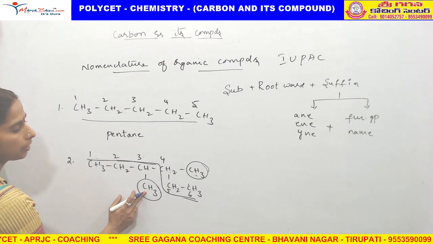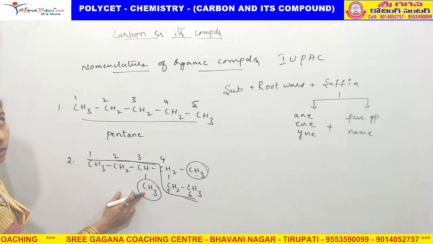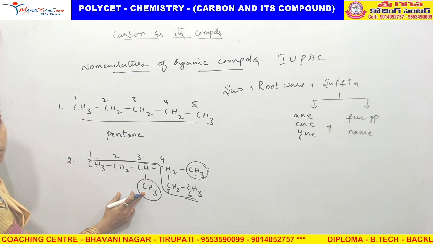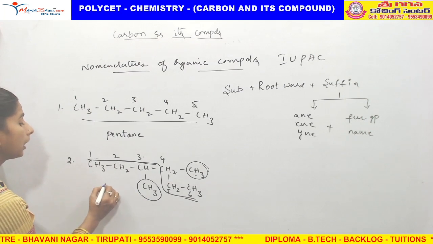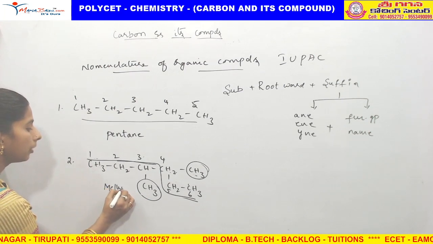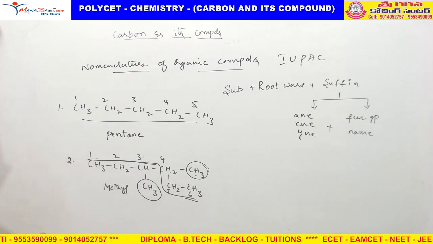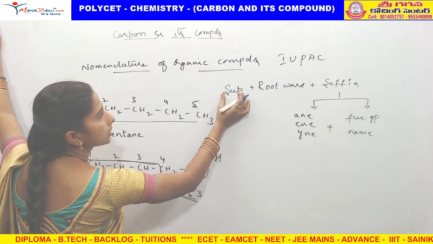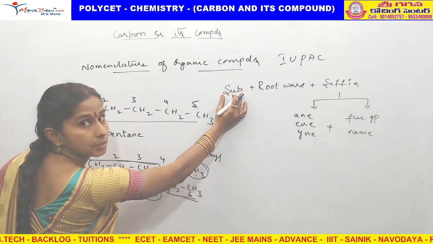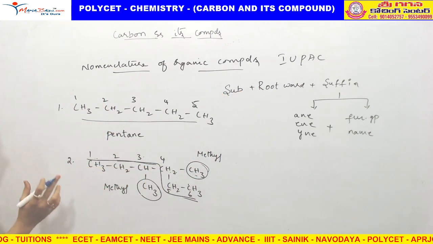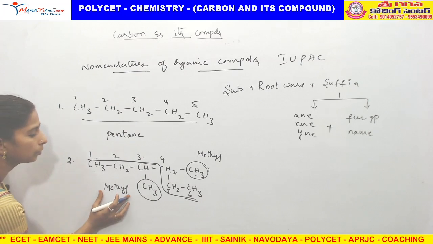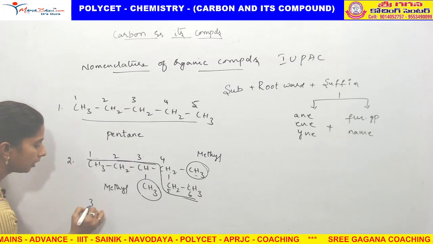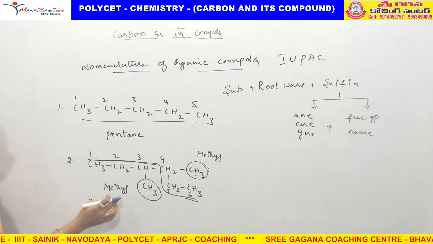What is the name of CH3? The name of the substituent CH3 is methyl group. Here one methyl group, here one methyl group. Now what do we need to write first? Substituent name first. How many methyl groups are there? Two methyl groups, at the 3rd and 4th position.